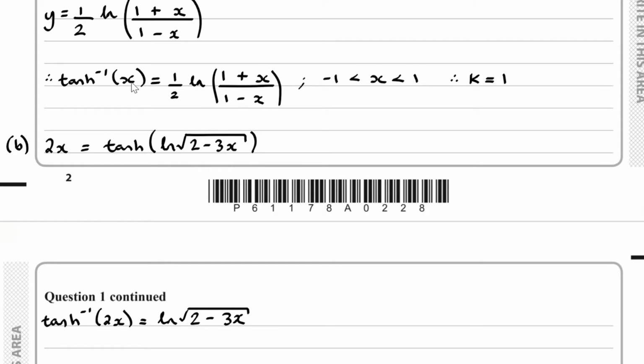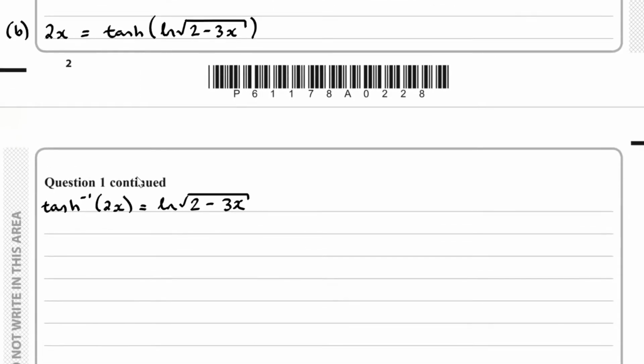So if instead we have a 2x instead of an x, the inverse hyperbolic tangent of 2x will equal 1/2 times the natural log of (1 plus 2x) over (1 minus 2x).